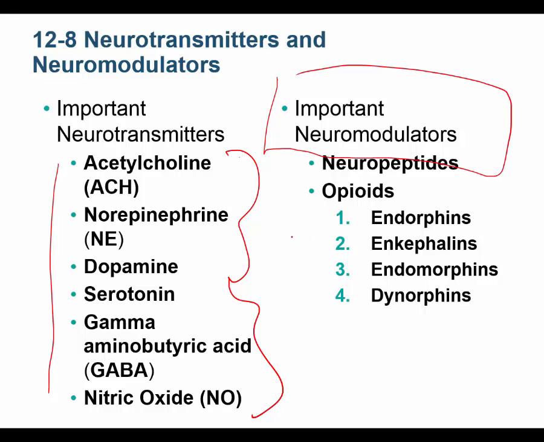These neuromodulators fall into two classes: neuropeptides and opioids. And the four opioids, you've probably heard of two or three of these four. You've most likely heard of endorphins. You've probably heard of endomorphins. You might have heard of enkephalins, and you probably haven't heard of dynorphins, but these are all very similar molecules.